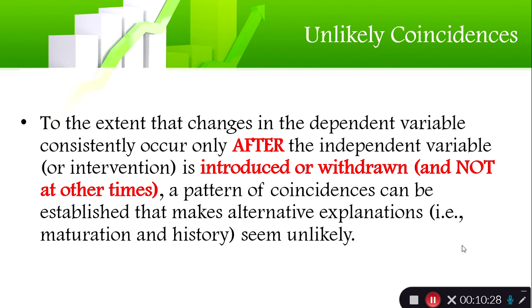When we're analyzing our trend line, we want to see a clear indication that there's a change in the dependent variable only after the intervention has been introduced, and in the direction that we would expect. So if we're looking at depression, we want depression to decrease, ideally, as a result of whatever intervention we are introducing with our client.